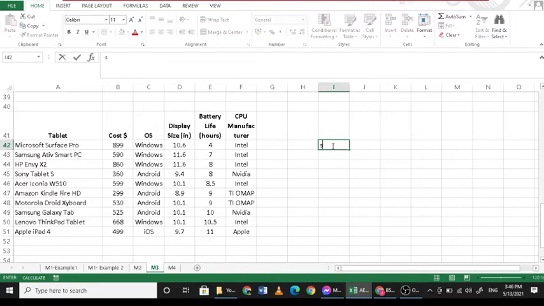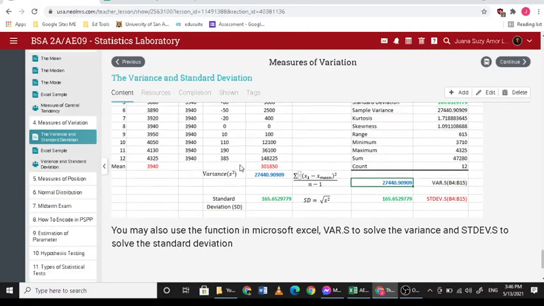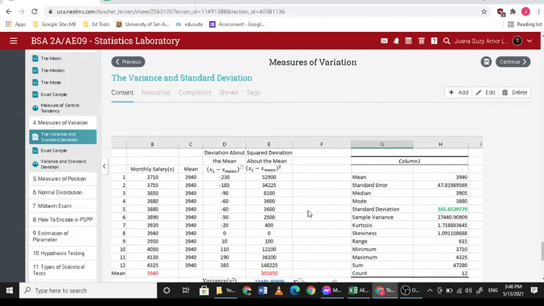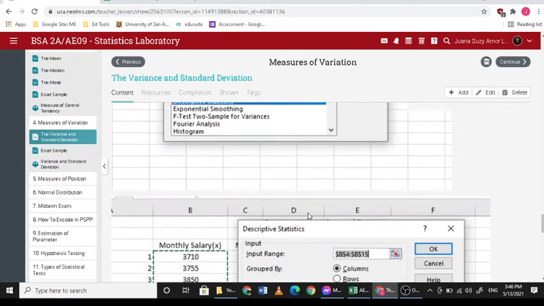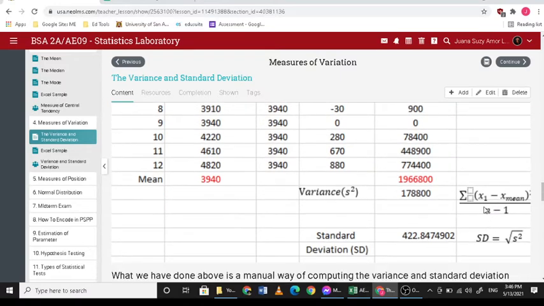For our data set, the standard deviation is equal to the square root of the summation of x minus x bar squared all over n minus 1. This is the sample standard deviation, since we're using the sample.